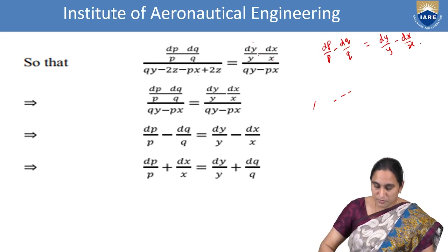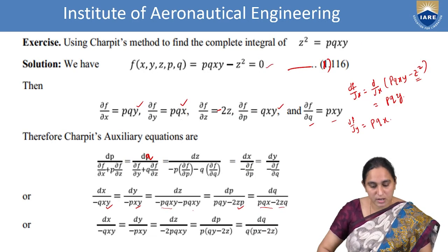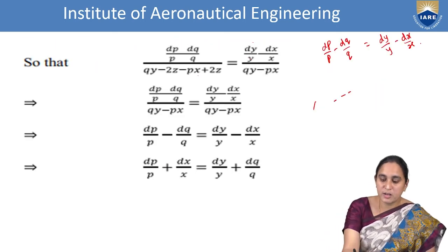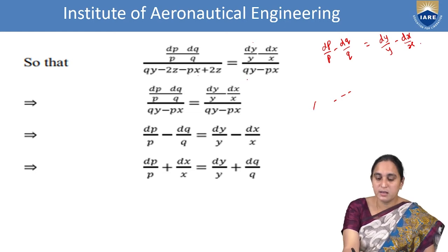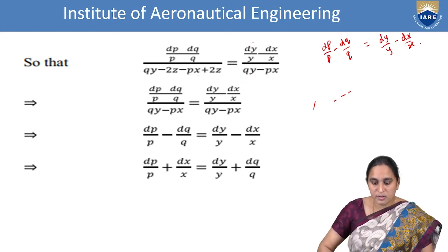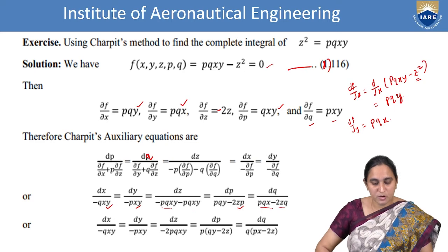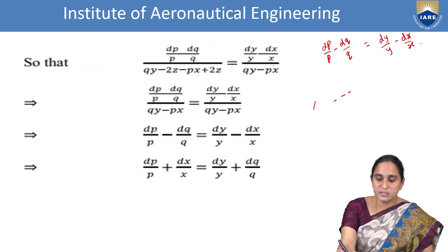Subtracting both. Here from the auxiliary equation, what is dy? dy is minus pxy, that is dy by y, minus pxy by y. Here y cancels, we get qy only. Next dx by x, dividing with x, we get px. Therefore qy minus px.